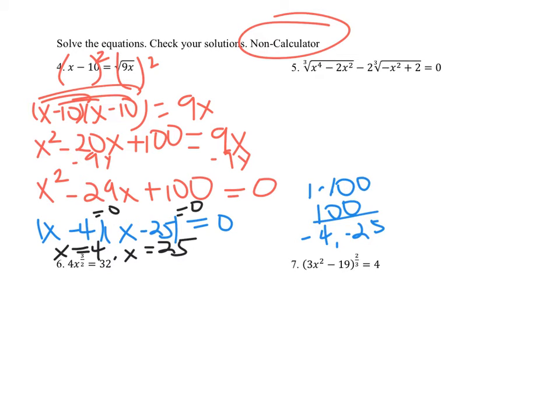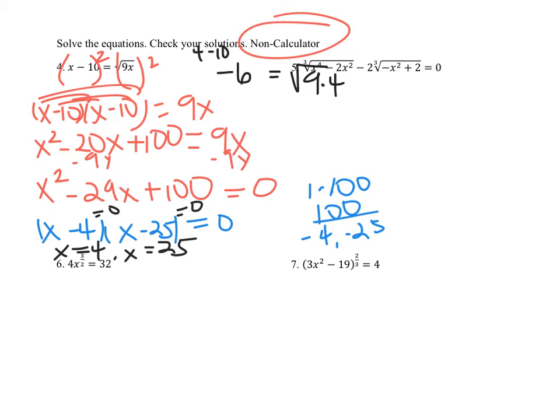Okay, so notice your square root, the 9x, does not have plus or minus in front. So that means you can only have a positive root. Now, if I were to plug in 4 back in, when I plug in the 4, I would get negative 6, because I have 4 minus 10, equals the square root of 9 times 4.